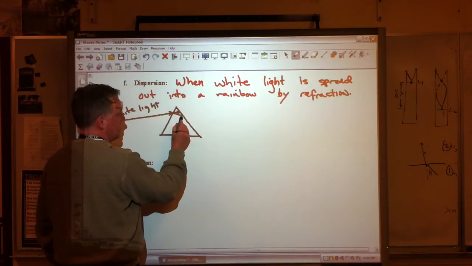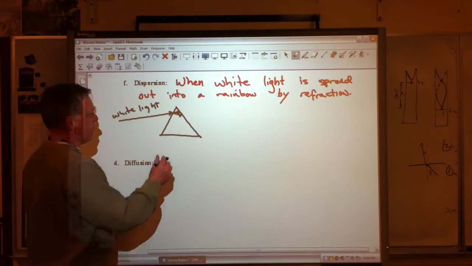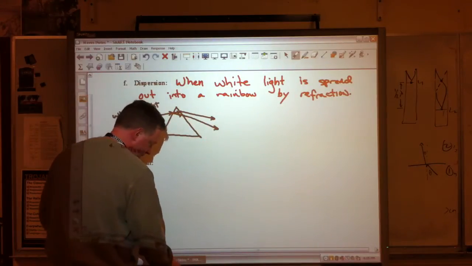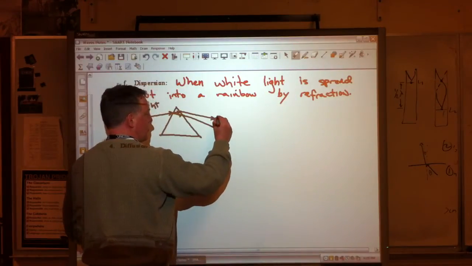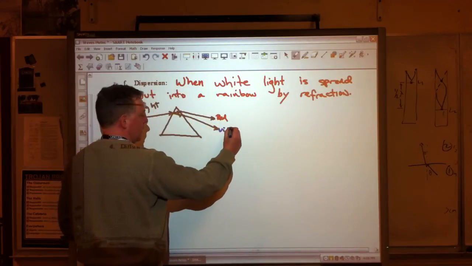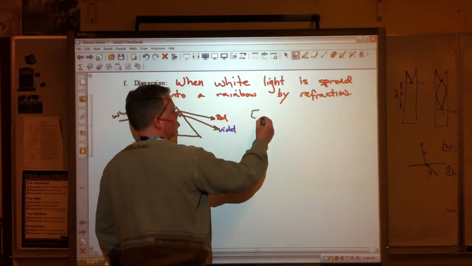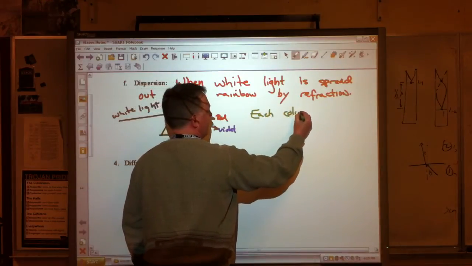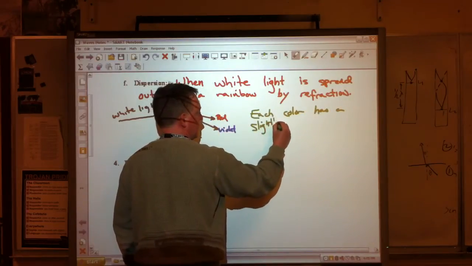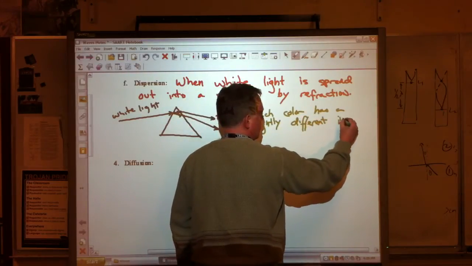But what happens is each of the colors has a slightly different index of refraction, so each of the colors is going to bend a slightly different amount. So we're going to have red up here, and then violet down here. The reason why this happens is because each color has a slightly different index of refraction.